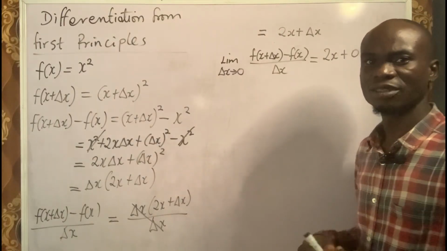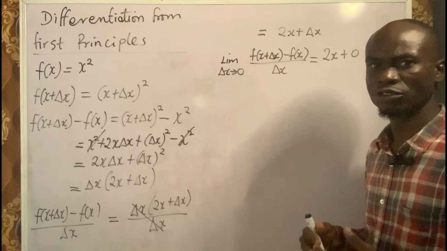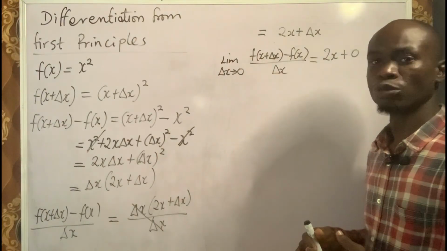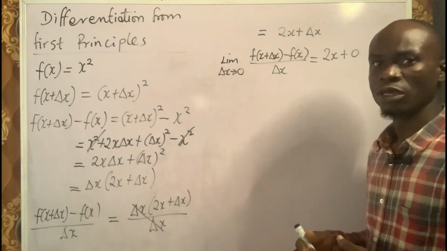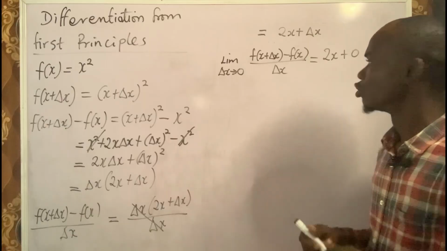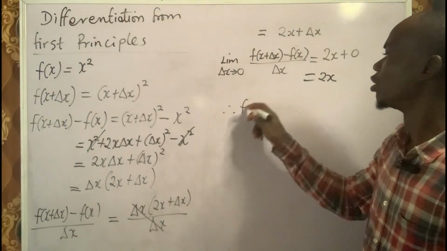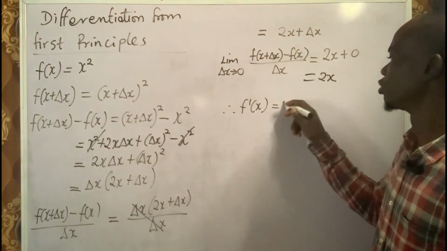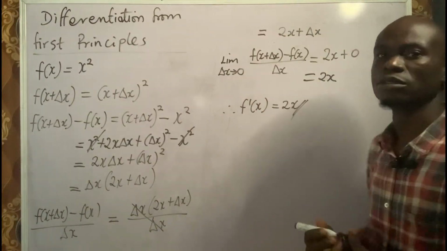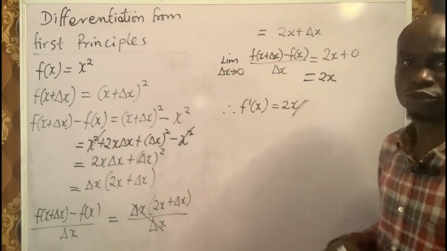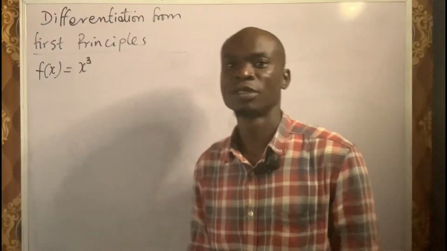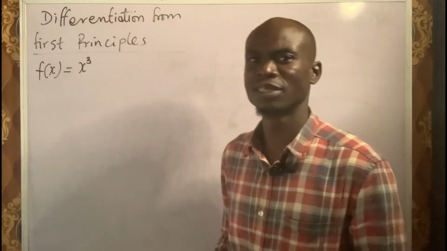It comes so that anything that is still Δx in the fourth step will be changed to 0. So now my Δx is 0. So what I have left is 2x. Therefore, f′(x) is 2x. So that's the solution to this problem. So we'll move on to the next example.